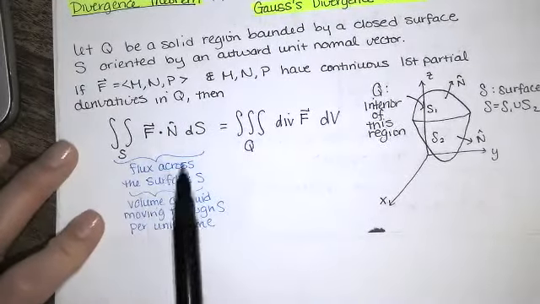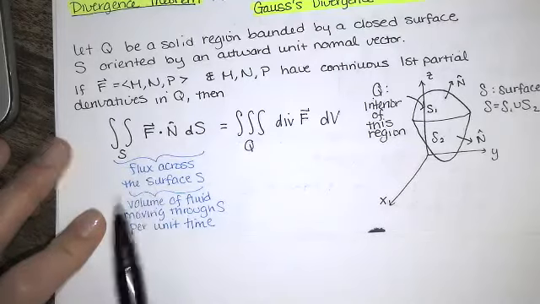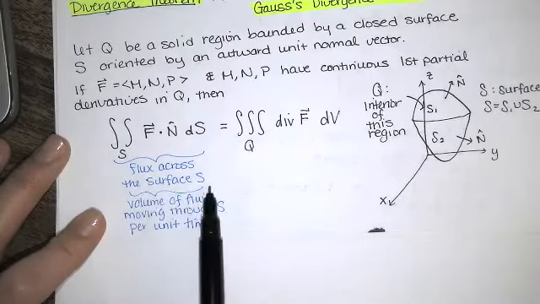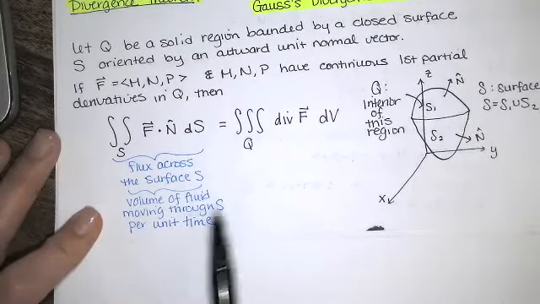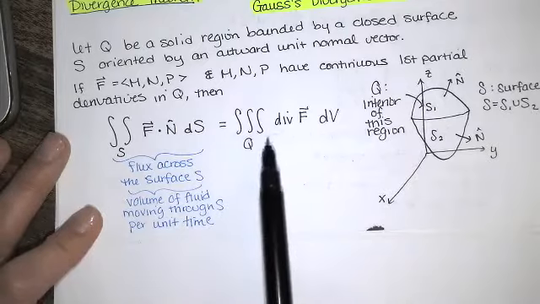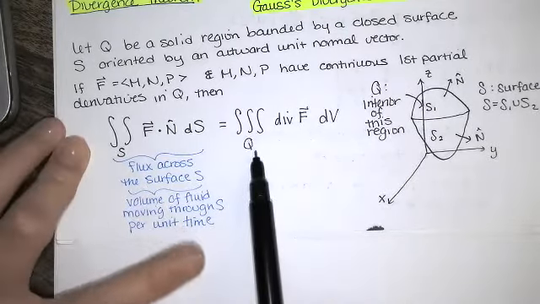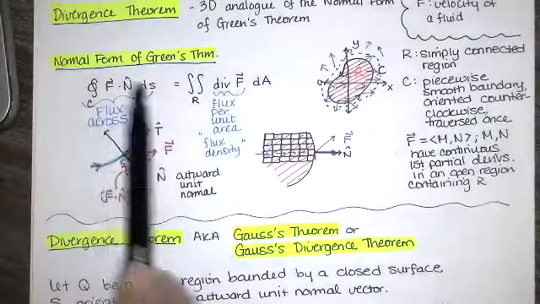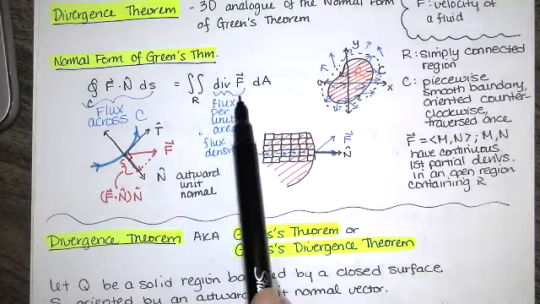Okay, so this says the flux across the surface S, which is the volume of fluid moving through the surface S per unit time, is equal to the triple integral of divergence over the region Q. So over here, after we understood this equality, we came up with a better interpretation of divergence.